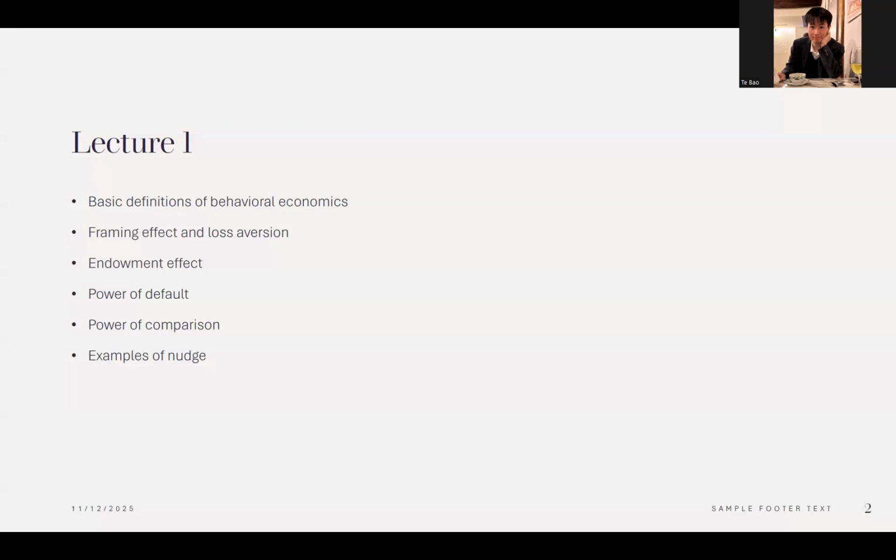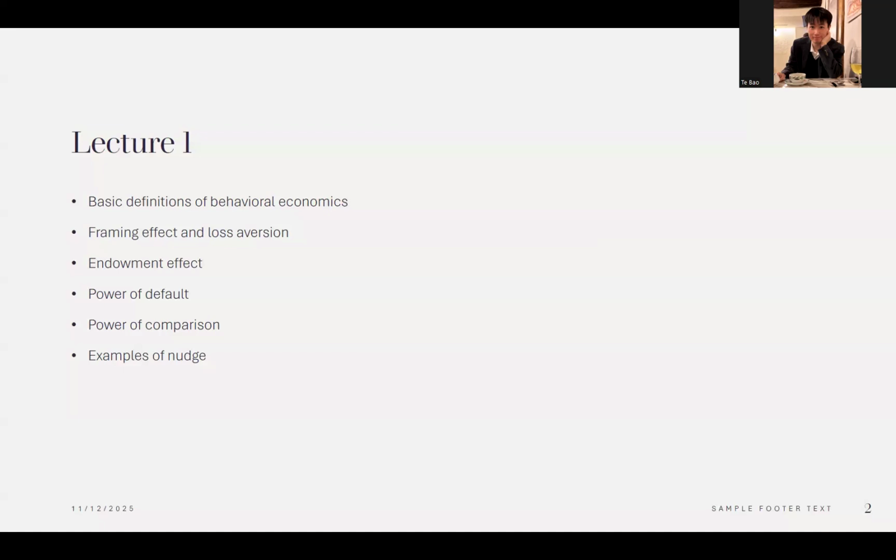But we showed, for example, with the subscription example for The Economist, that when people have different reference options, they may end up choosing differently. This shows that in real life, people's decision making is indeed frame dependent. So framing is very important.